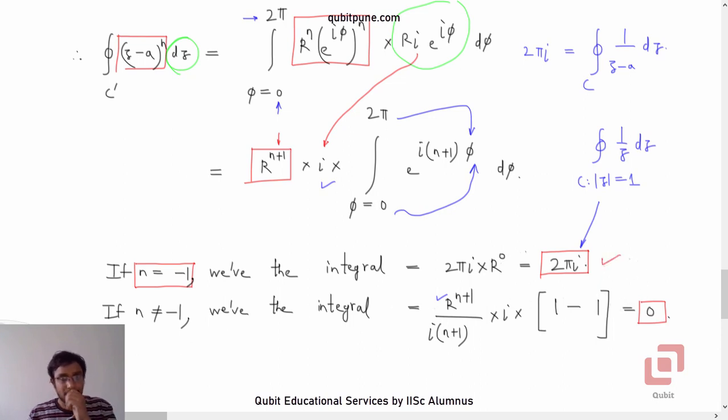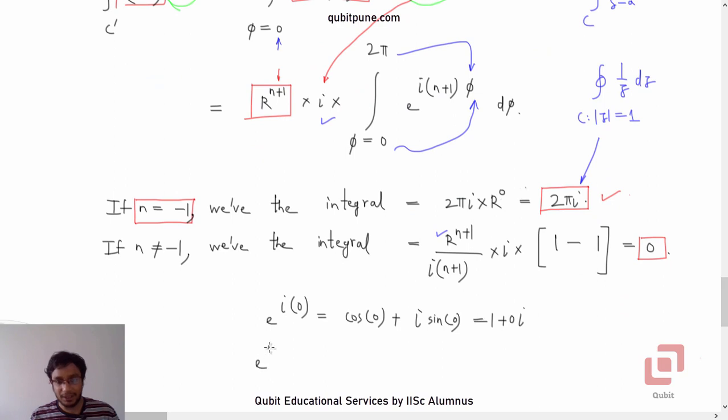Well, let's now show that this is indeed 1. That's my mistake, by mistake I took it as 0. e to the power i0 is cos 0 plus i sin 0, which is 1 plus 0i. And if you now write it as e to the power i 2 pi, this is also going to be 1.